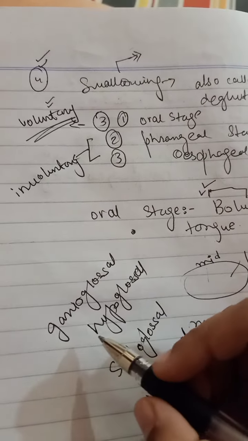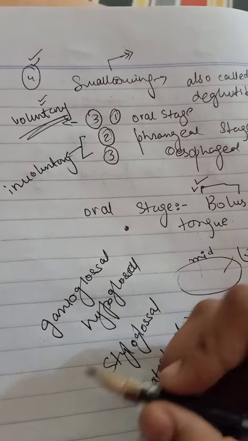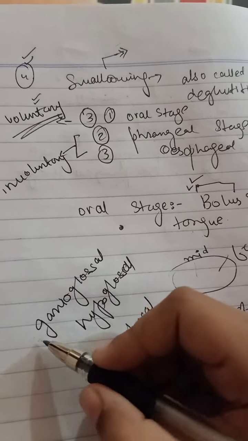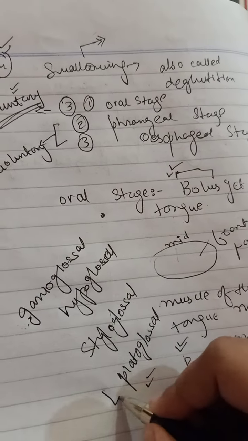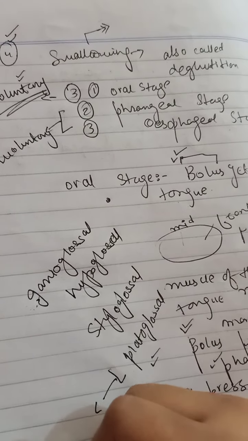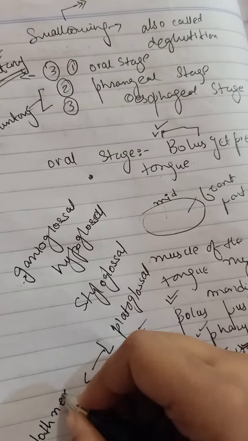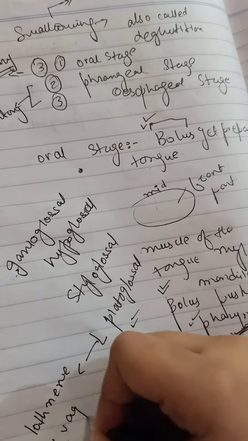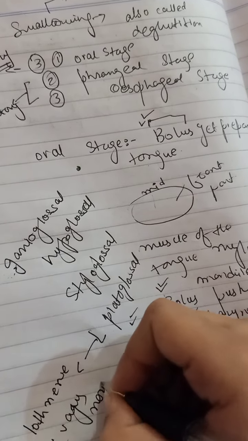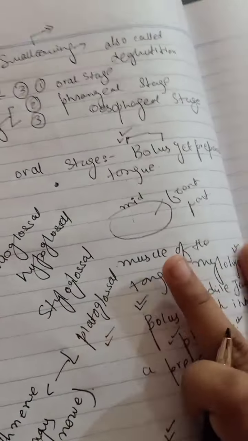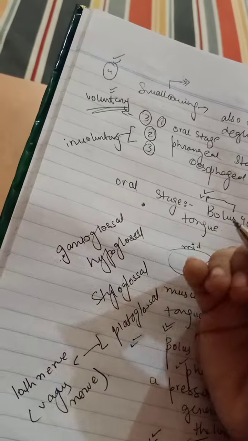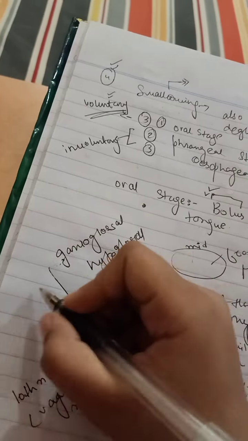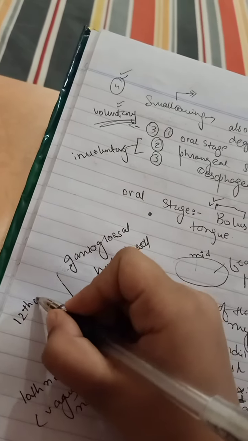Some of these are controlled by the 10th cranial nerve, or the vagus nerve. And these others are controlled by the 12th cranial nerve.